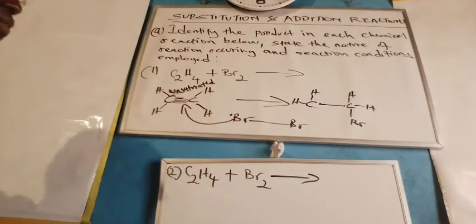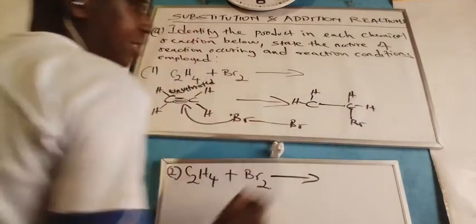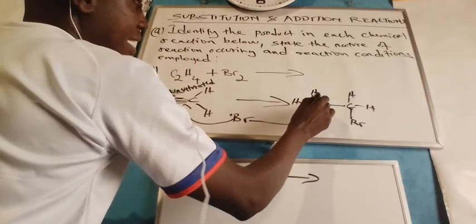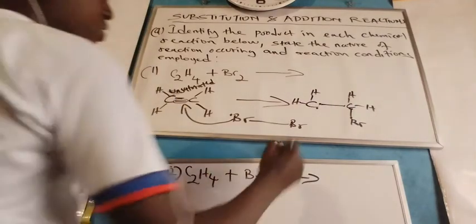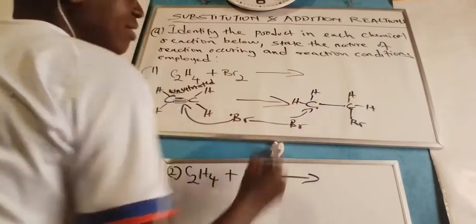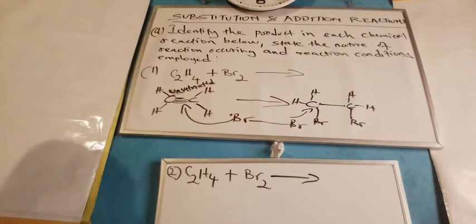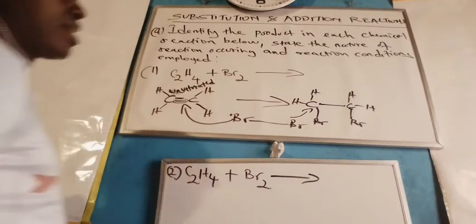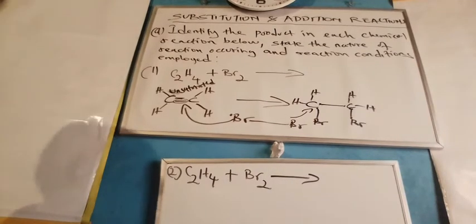It joins in on the pair of electrons, takes one and forms the bond. And in this respect, it leaves another electron which becomes polarized. That provides room for the second bromine to join. And when it so joins, it forms an attachment. And the ultimate result is that we have two bromines attached in the previous molecule, which was unsaturated and now has been rendered saturated by virtue of breakage of the bond into a single bond.